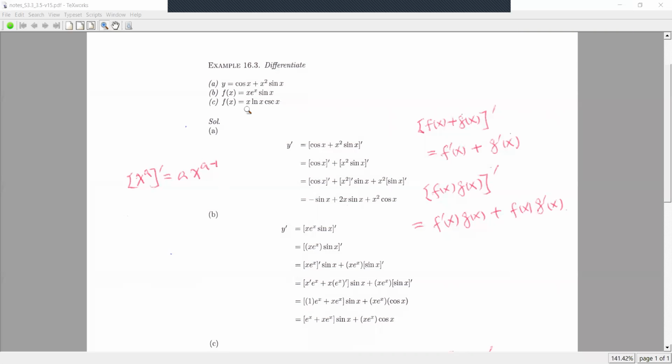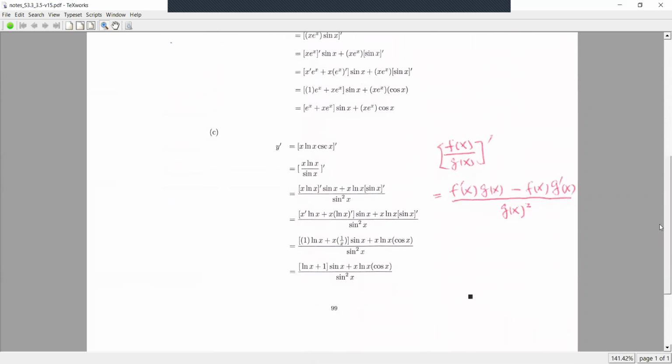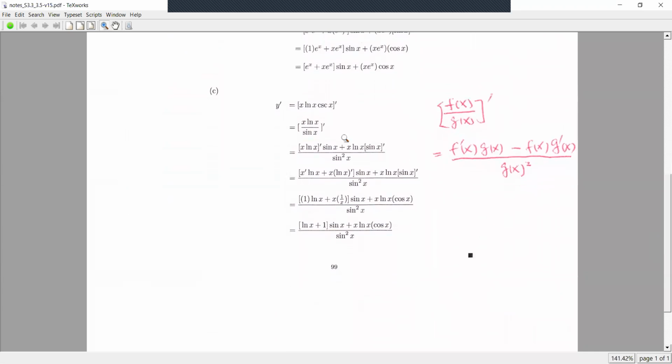A second solution is we can write cosecant as 1 over sine. Then the function becomes a quotient. Write cosecant as 1 over sine. Then the function is a quotient. Take derivative on this quotient by quotient formula. We have this equation.